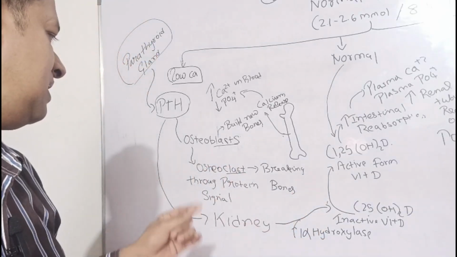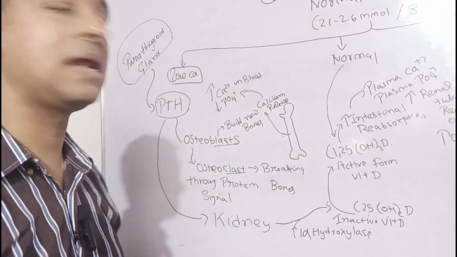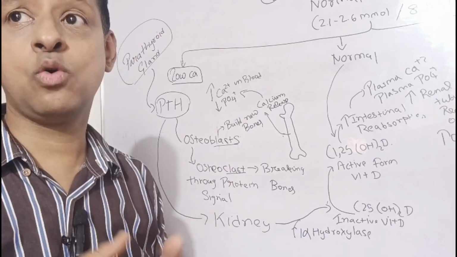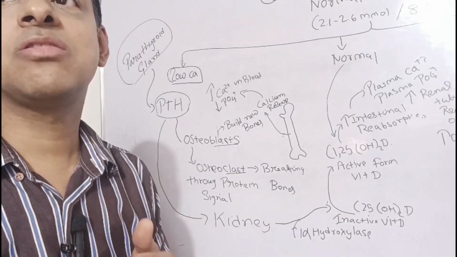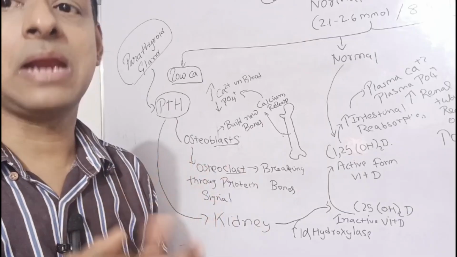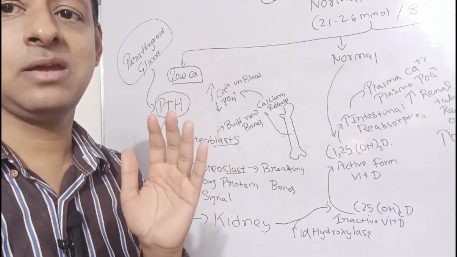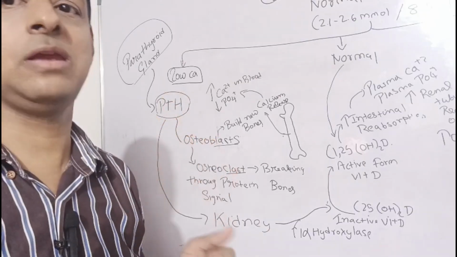Using protein signaling, it breaks the bone, and from the bone the calcium is released, and eventually blood calcium rises here, and blood phosphate decreases here.